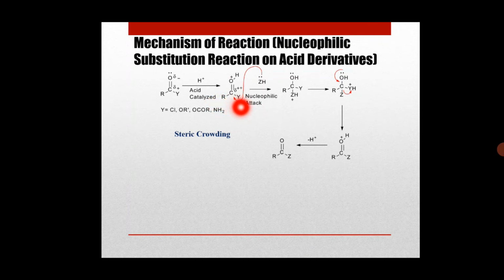And therefore we can say that the electrophilicity of the carbonyl carbon increases by the addition of acid, and therefore this reaction is called an acid catalyzed reaction. Now, as the electrophilicity of the carbonyl carbon increases, the nucleophile can readily attack the carbonyl carbon, leading to the formation of an intermediate, which further leads to the product.